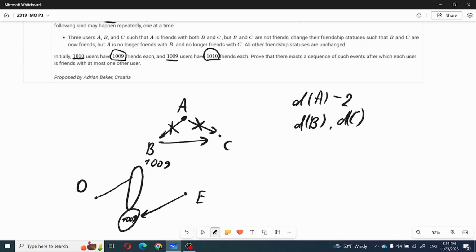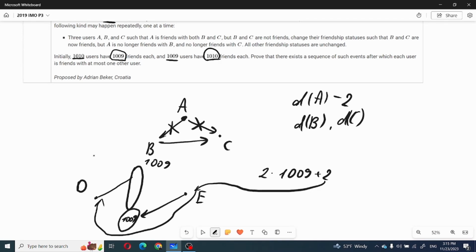If we count the total number of vertices in the graph, we get 2 times 1009 plus 2. This 2 is because of E and D. So in total, the number of vertices must be greater than or equal to 2020. And this is clearly a contradiction, because in total we have 2019.